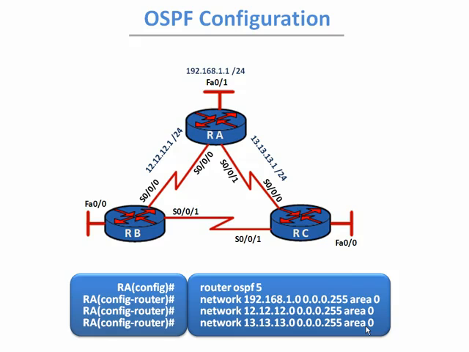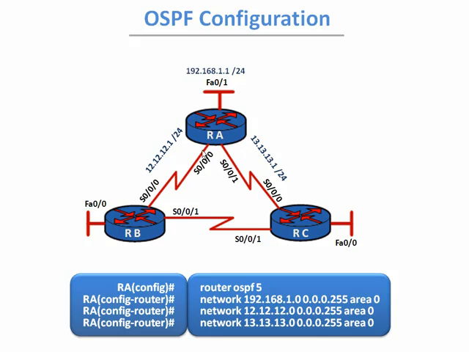Just a quick reminder of what happened when we typed those commands. When we type, for example, network 12.12.12.0 0.0.0.255 area 0, router A enabled OSPF on the interface that has an IP address that belongs to this network. Your only interface that has an IP address that belongs to the network 12.12.12.0 is 0/0/0.